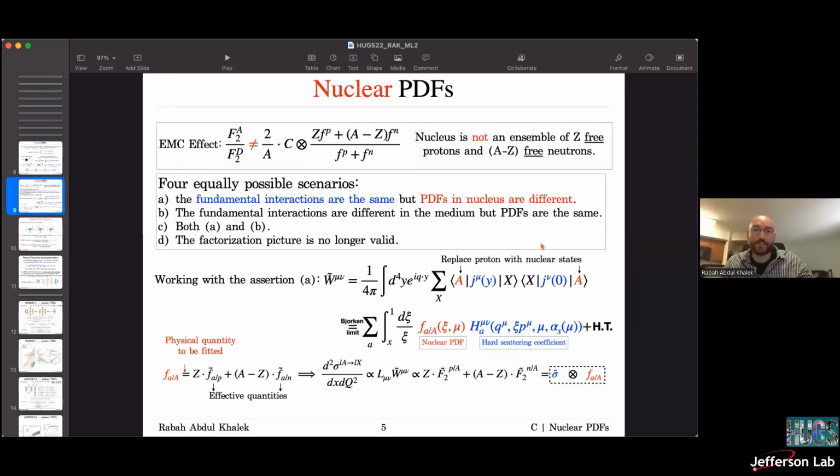Wouldn't you need to do some other plots before to obtain this data? You would. Very good question. Let me share back some slides, perhaps. So you can see here.